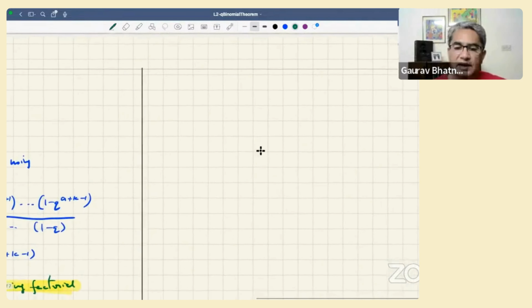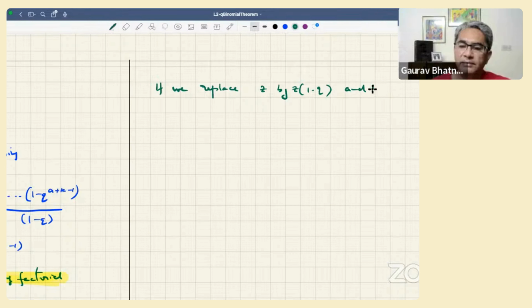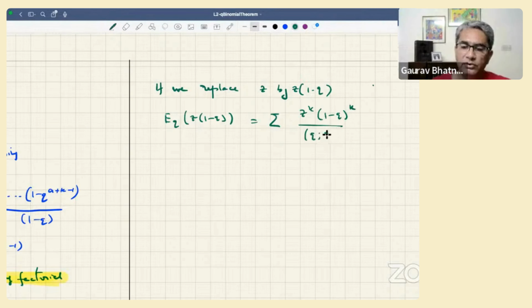Now, in this result, suppose we replace z by z times (1-q) and then take the limit. So we get E_q(z(1-q)), which is the series of z^k (1-q)^k over (q;q)_k, k going from 0 to infinity, and we take the limit as q goes to 1.